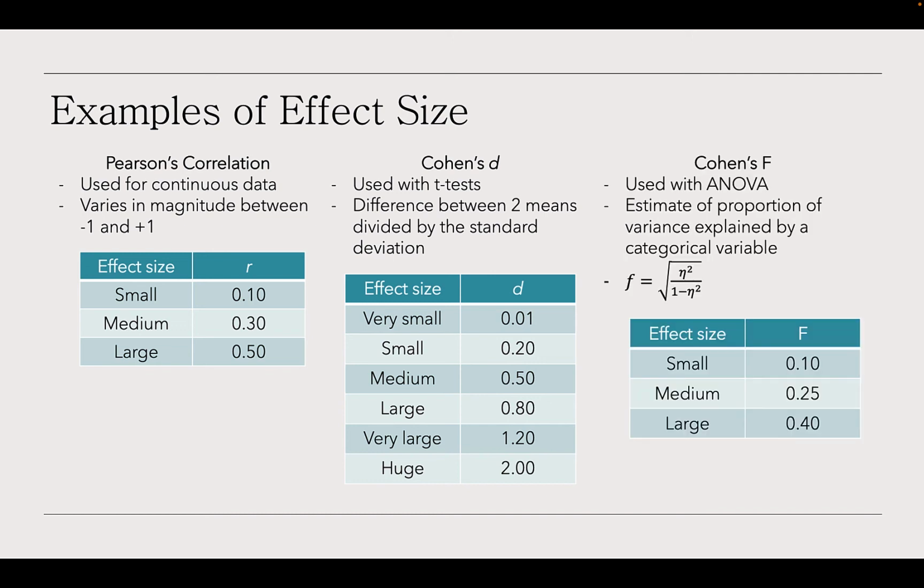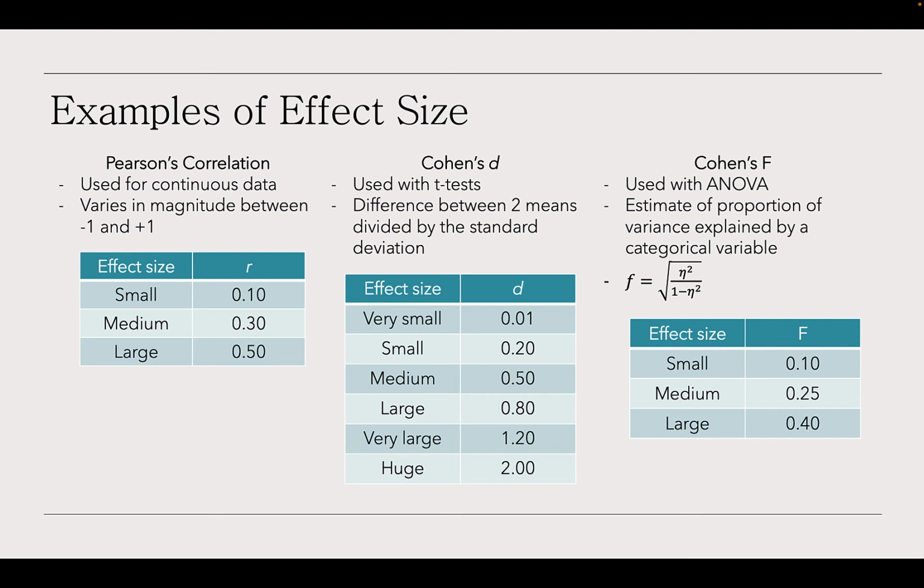And then we have Cohen's f, which is used with ANOVA. All right, and it's the estimate of proportion of variance explained by a categorical variable. All right, and this is new, but the symbol that you see in the formula here, under the radicand, you see an eta squared. And eta squared you should remember from an ANOVA.